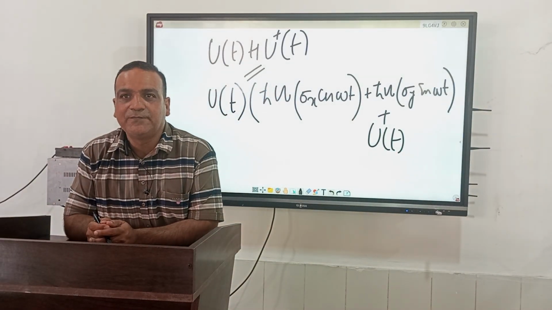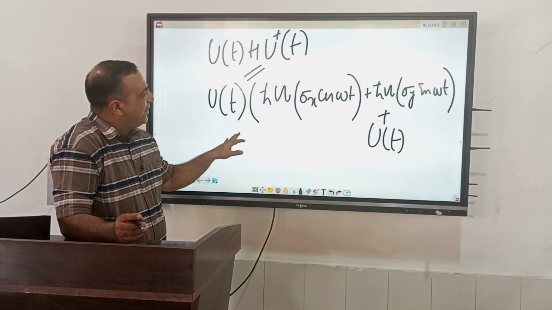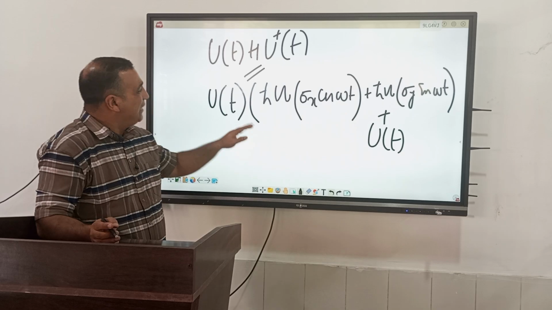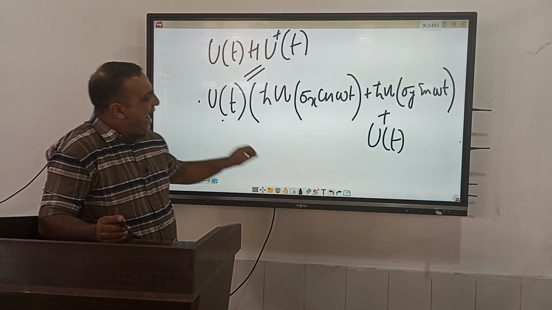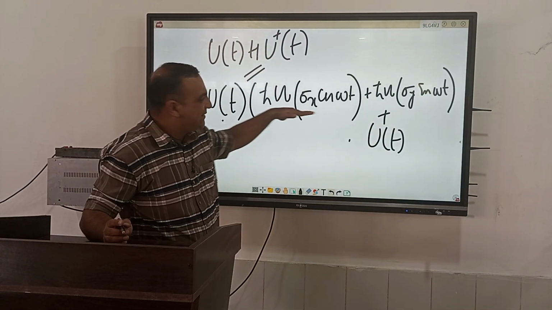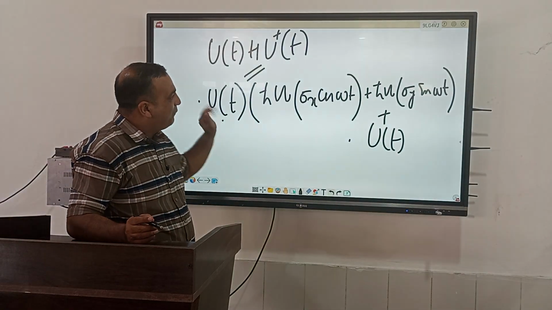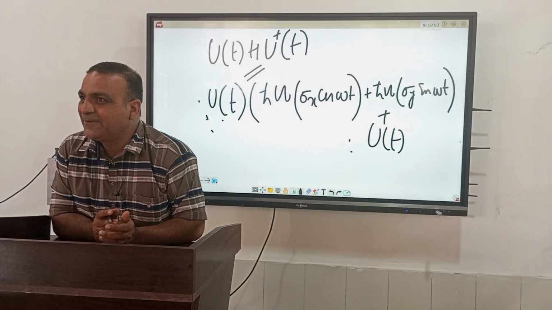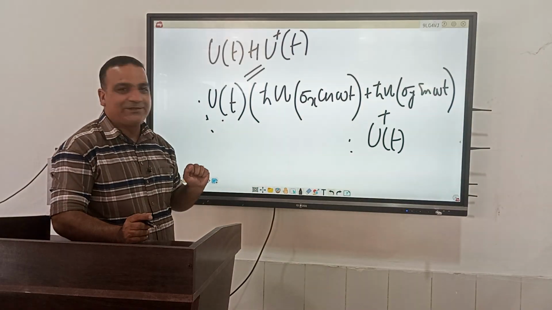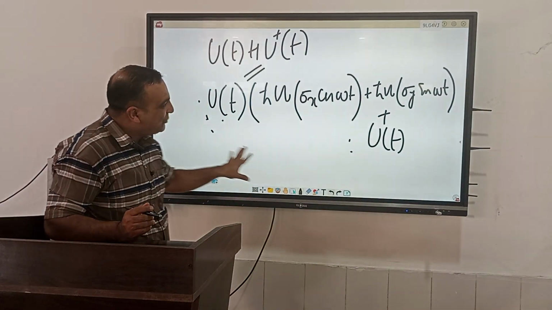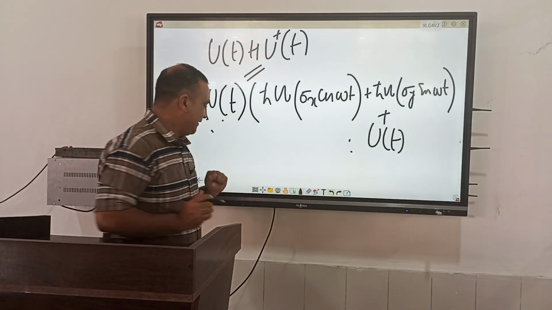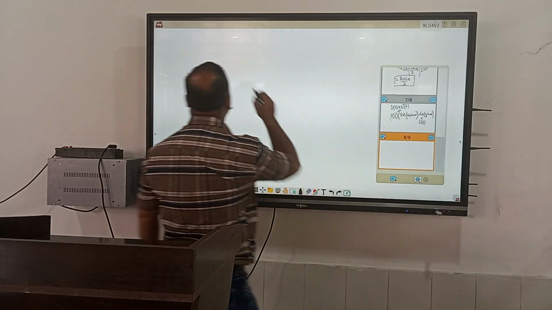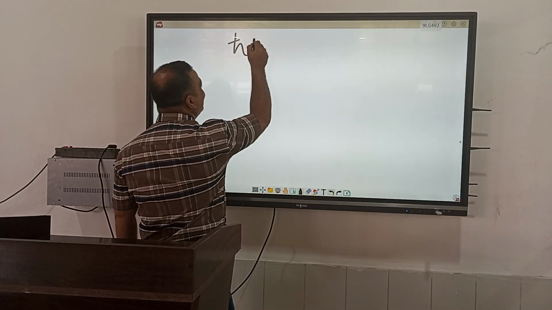Is this clear? Okay. Now here you will do some framework of mathematics. You will have this U of t and U dagger of t for this term, and another U of t and U dagger of t for this term. Are you getting my point? When you solve this, you will find that the result of this term comes out to be h omega.